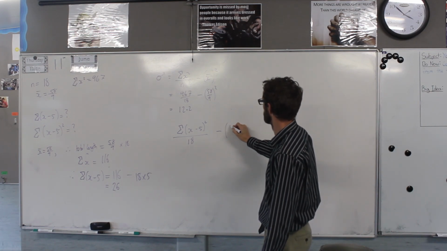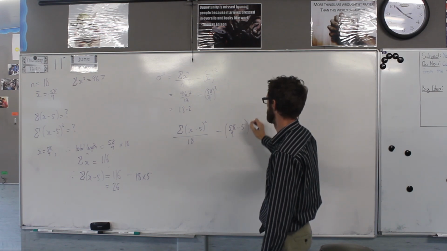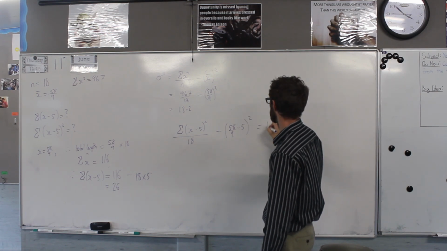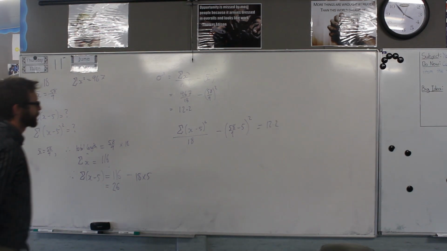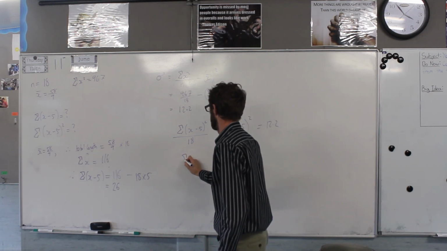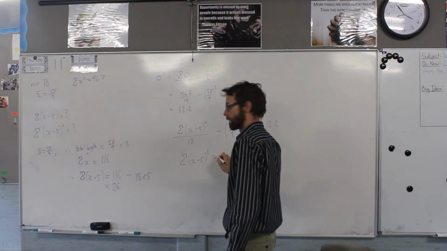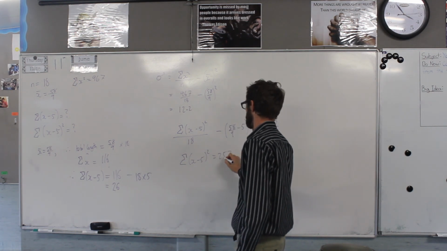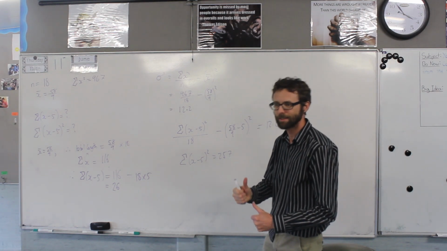Let me just go 58 over 9 minus 5, square that, and that should equal 12.2. Rearrange and solve. Cool, so we're getting 257 as our final answer for this. So, there we go. That's it. Okay, how are we feeling? Are we making progress?